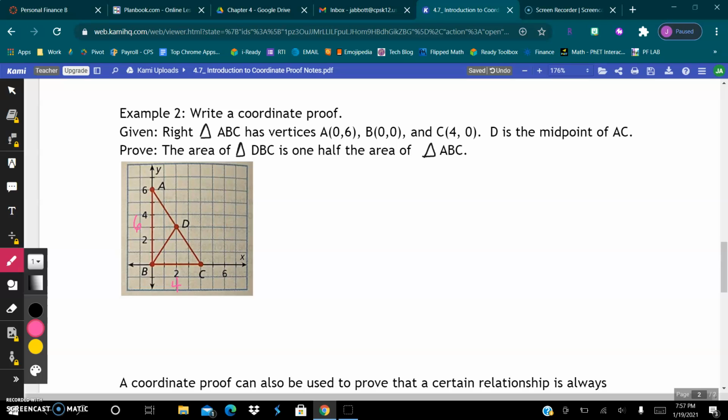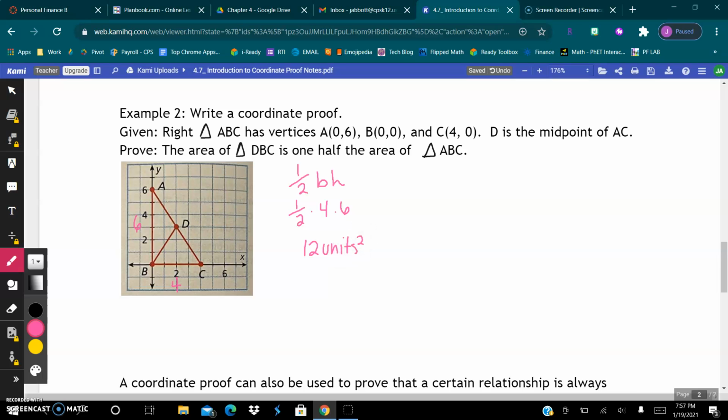And we know that the area of a triangle is 1/2 times base times height. So that would be 1/2 times 4 times 6. 6 times 4 is 24. Half of that would be 12. So the area of the large triangle ABC is 12 square units.